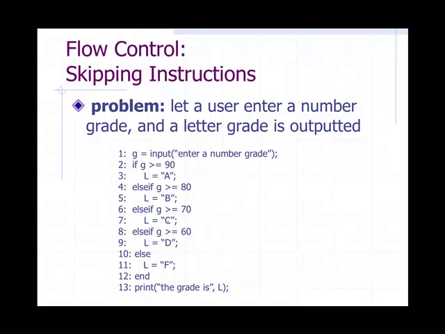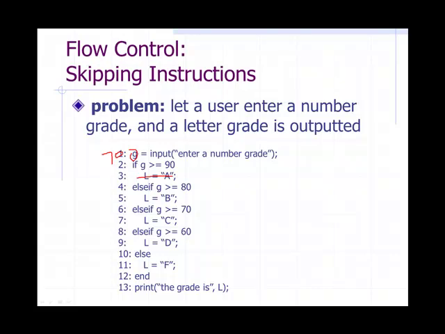All right. Let's ramp this up a little bit. Let the user enter a number grade, and a letter grade is outputted. So this time we added more if statements. In particular, we're using the else if condition. That gives us more options. So let's type in that number 70 again and see what happens. If somebody types in 70, it goes into variable G. If G is greater than or equal to 90, is that true? No, that's not true, so it'll skip this instruction.